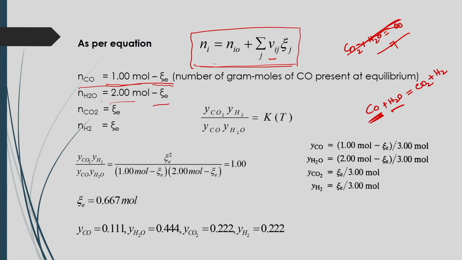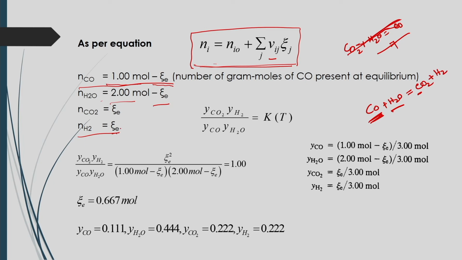Similarly, for carbon dioxide, it will be only xi. Here the coefficient is 1, positive since it is a product, and since no amount is supplied in the feed mixture, Ni0 is equal to 0. Similarly, for hydrogen it will be represented as xi.